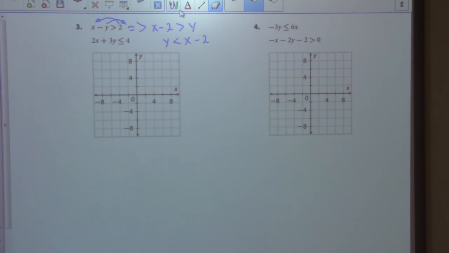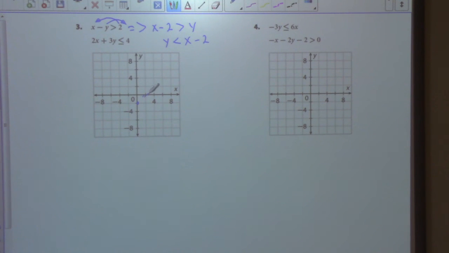Okay, the next one here, let me go ahead and sketch the graph of that first. So we get our y-intercept, so it's less than, it's not equal to, and less than. So here's our y-intercept, and then our slope is going to be 1, which is 1 over 1.